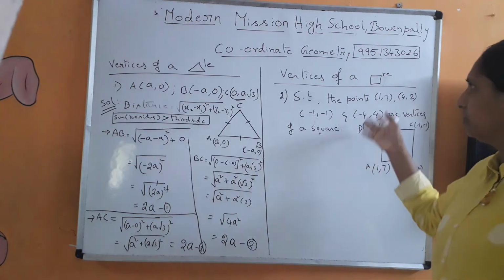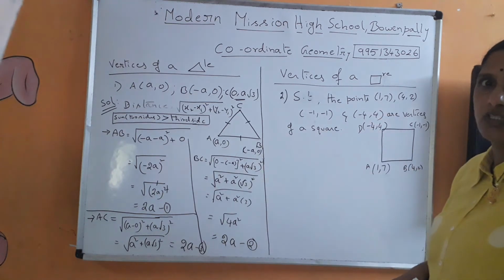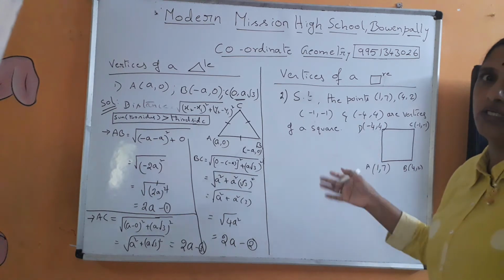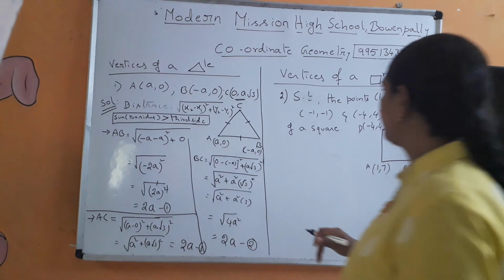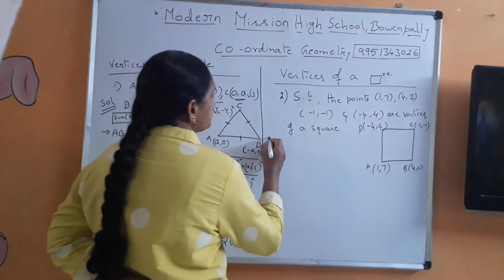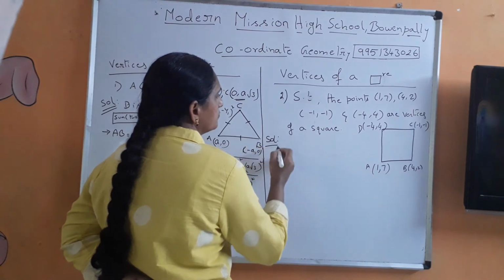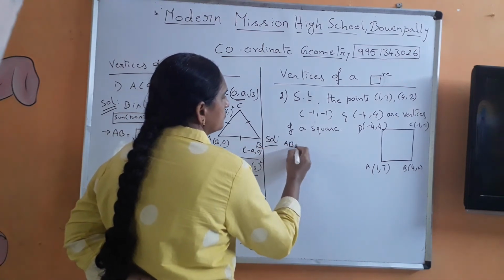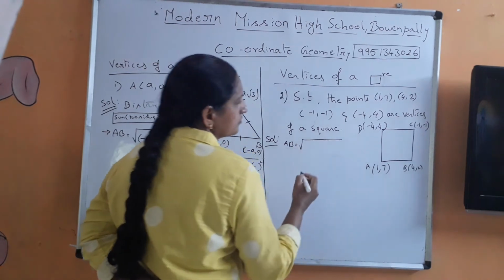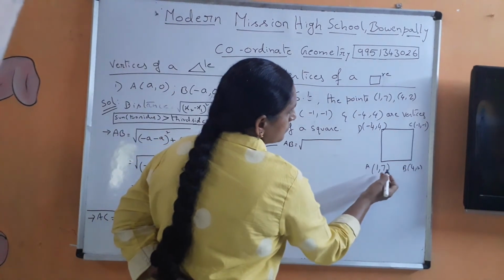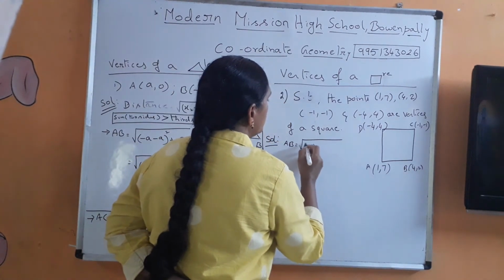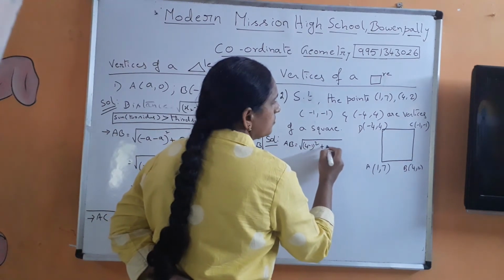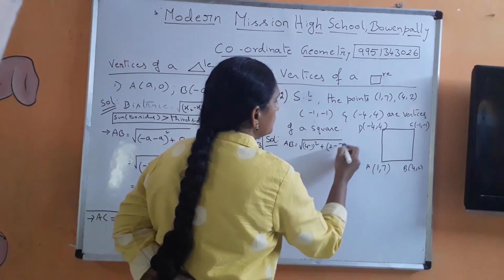So those who can do, quickly verify it. Those who need my help, just look at the video. So 4 minus 1 whole square plus 2 minus 7 whole square.